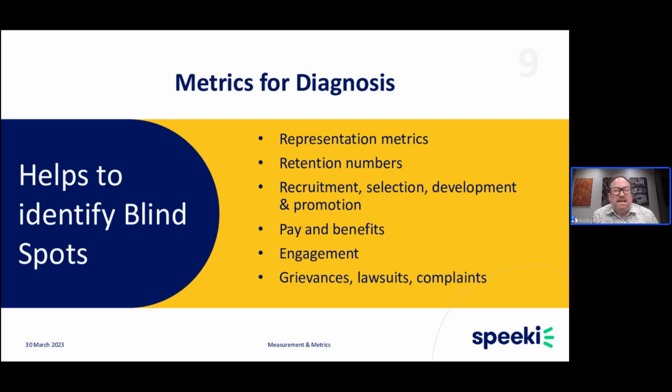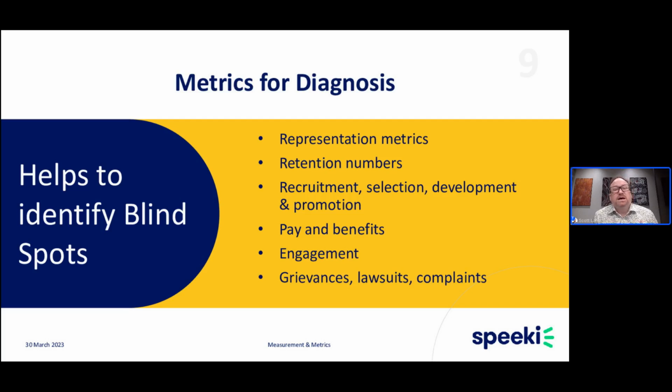So the first category of metrics I like to call metrics for diagnosis. These are statements of fact. They're facts about a particular program. So let's look at diversity. Metrics might be representation metrics.